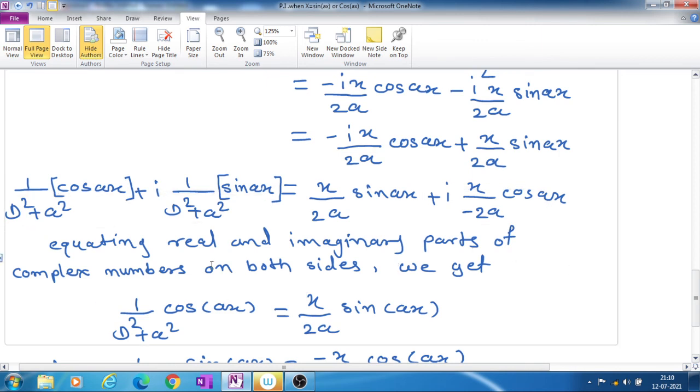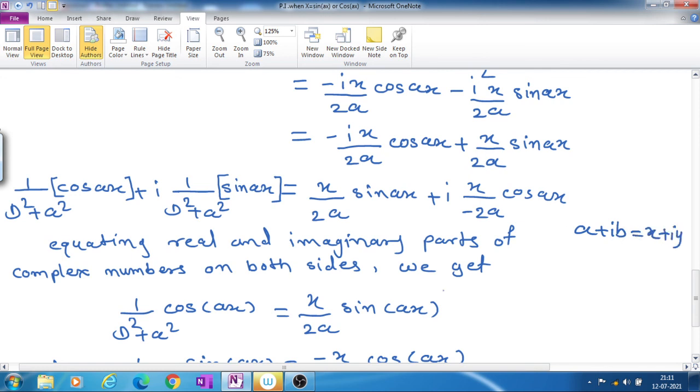Now see on both sides there are complex numbers. If something is written here and plus i is an imaginary number, on both sides the imaginary number i shows that these are complex numbers, and the LHS has one complex number, the RHS has one complex number, and both are equal. So you know when two complex numbers are equal, that means a plus ib is equal to x plus iy.